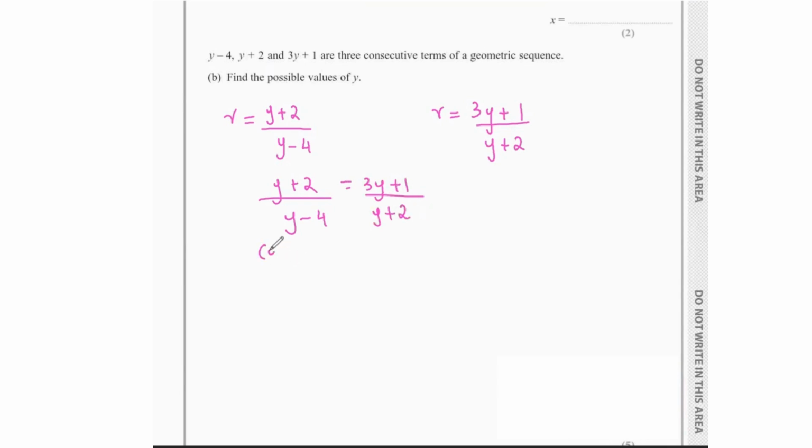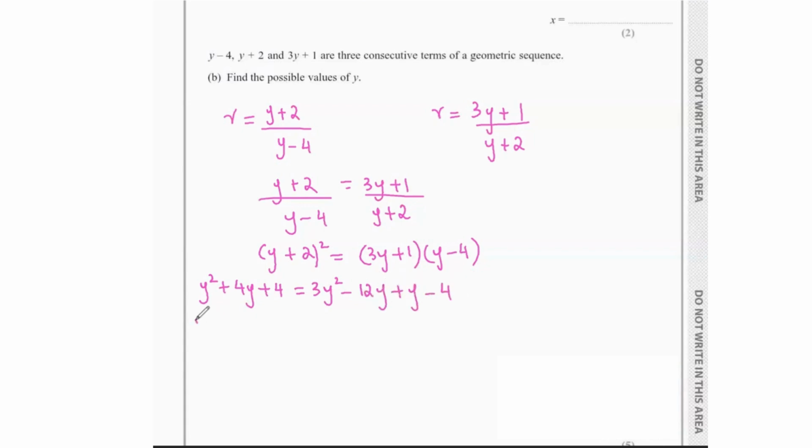Cross multiply. We have y plus 2 squared equals 3y plus 1 times y minus 4. y plus 2 squared is y squared plus 4y plus 4. And this is 3y squared minus 12y plus y minus 4.